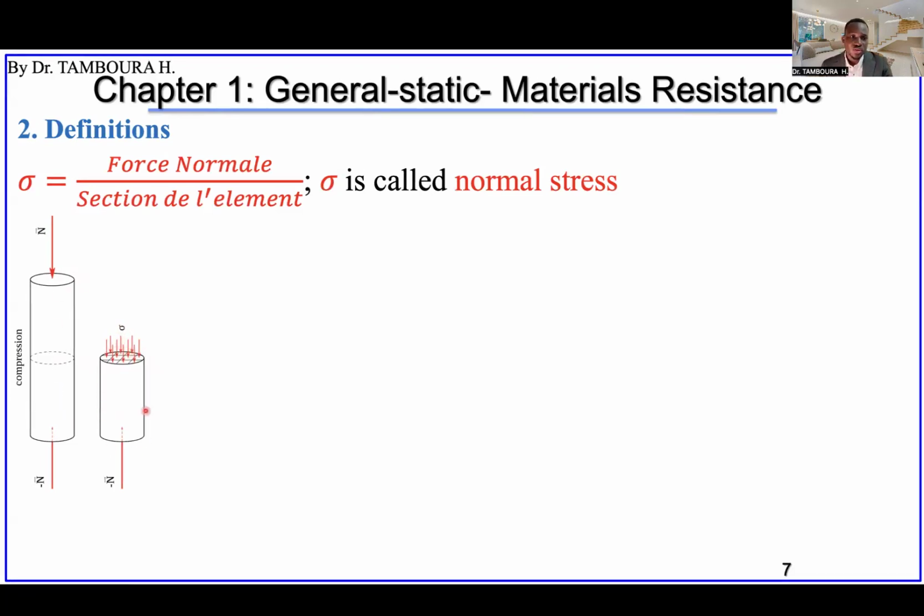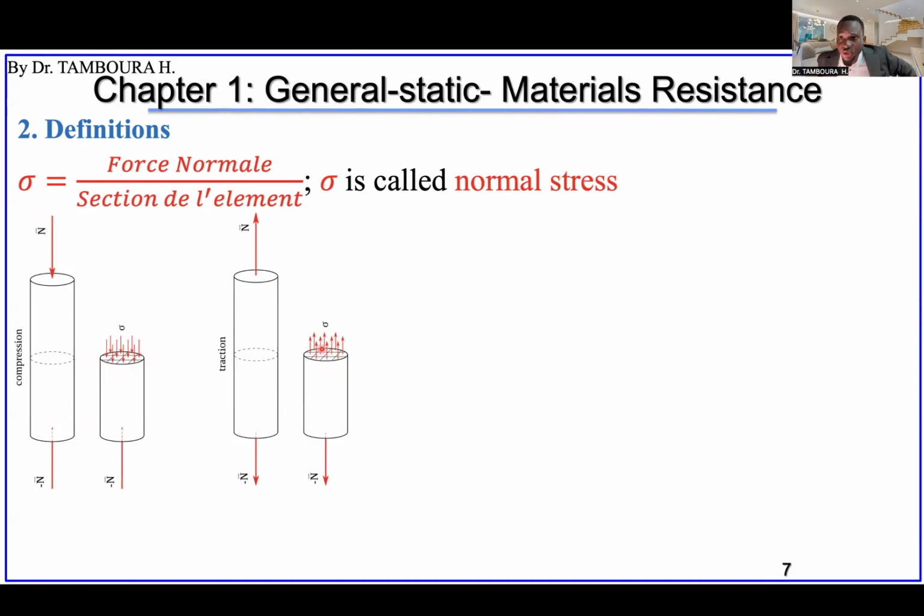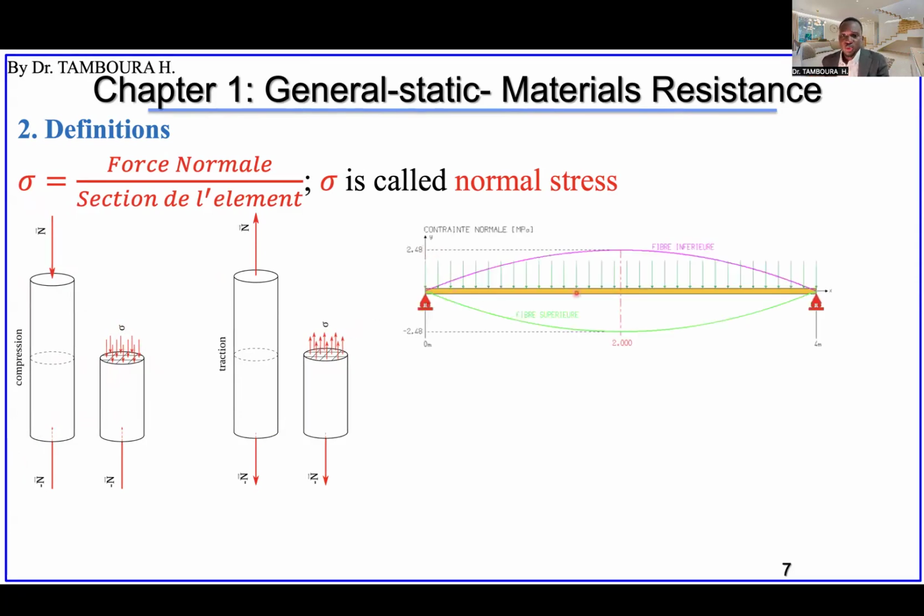This is the case of compression, meaning the element is compressed. In case of traction, it's the same: force divided by the surface, the area on which this force is acting, and we get the corresponding stress. Let's suppose the case of a beam being loaded with uniform loading.